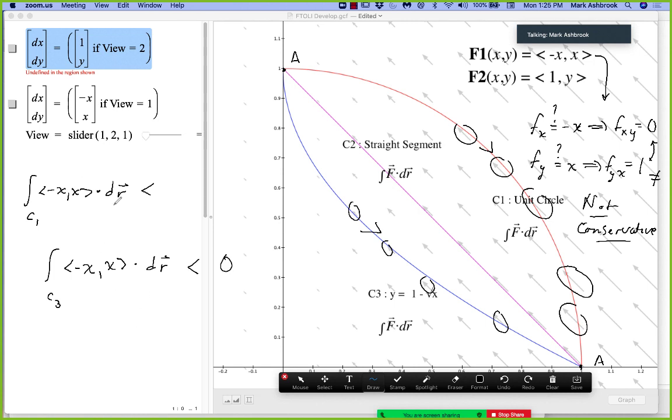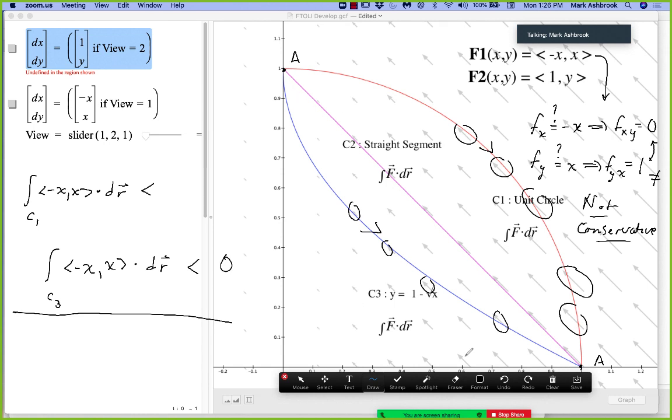So we don't have path independence. We know we can get a negative line integral from A to B, and we can get varying magnitudes of negative. But we can also get line integrals from A to B that are 0 and positive also. So let's do that.